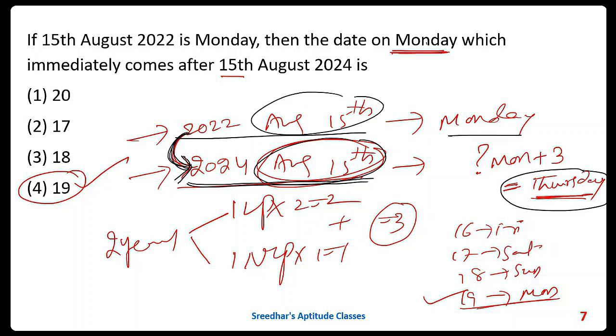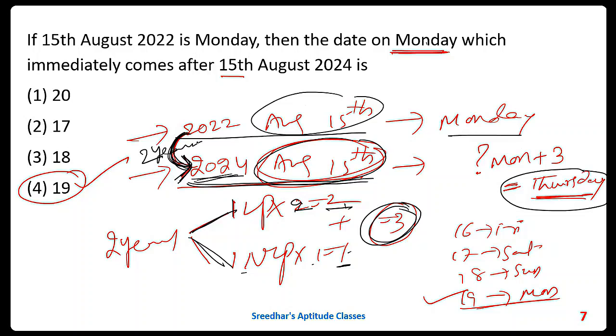When I'm traveling a 2 years forward journey, I'll be crossing one leap year, which is 2024, and one non-leap year, which is 2023. In this gap of 2 years, there is one leap year and one non-leap year. Each leap year has 2 odd days, so 1 into 2 is 2, and each non-leap year has 1 odd day, so 2 plus 1 is 3. So that means from 2022 to 2024, there are 3 odd days.